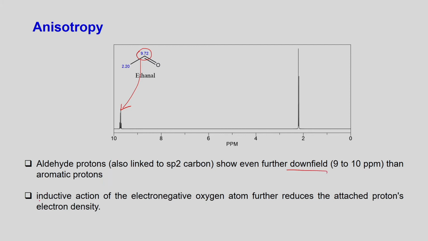This is primarily due to the inductive action of the electronegative atom attached to the proton, which draws electron density. So, there is a combined inductive effect, one due to the electronegative oxygen atom, another due to the double bond, which distorts the electron cloud further. So, it is a combination of the electronegativity of the oxygen atom as well as the double bond that makes it show up at such a higher chemical shift.